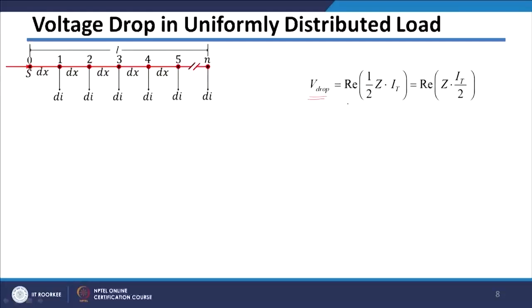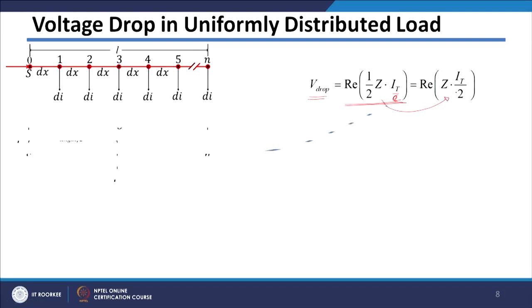To lump this load, we can have many choices. If you see this voltage drop which we have got, the real part of 1/2 Z multiplied by IT, the same equation I can write as Z dot IT by 2.